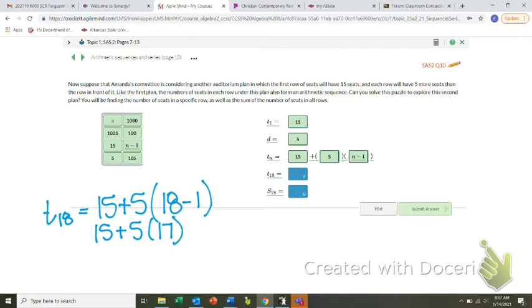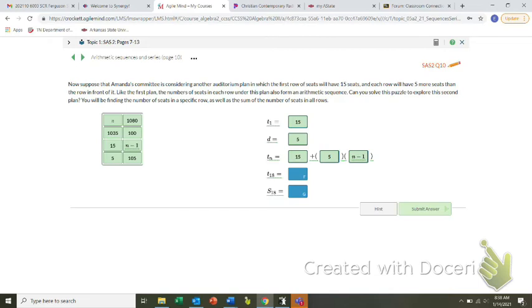Well, 15 plus 5 times 17 equals 100. Okay? So now we drag and drop 100 right here. Okay?